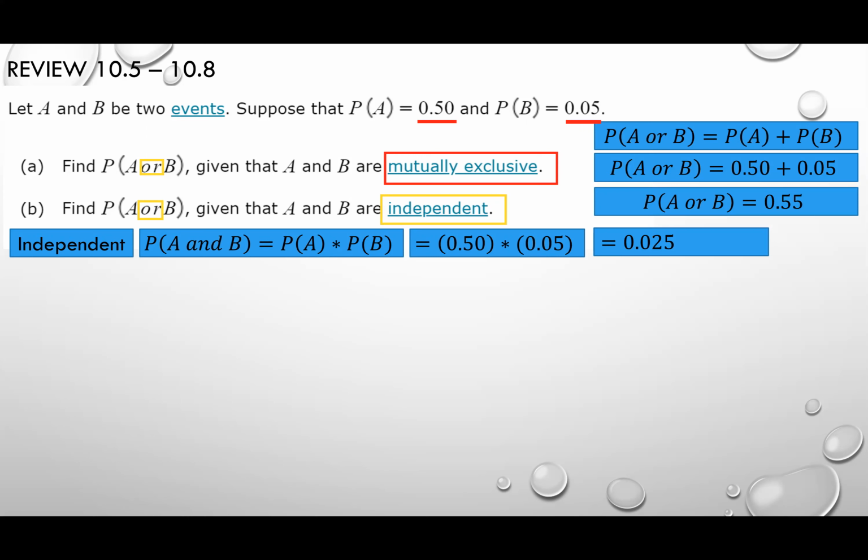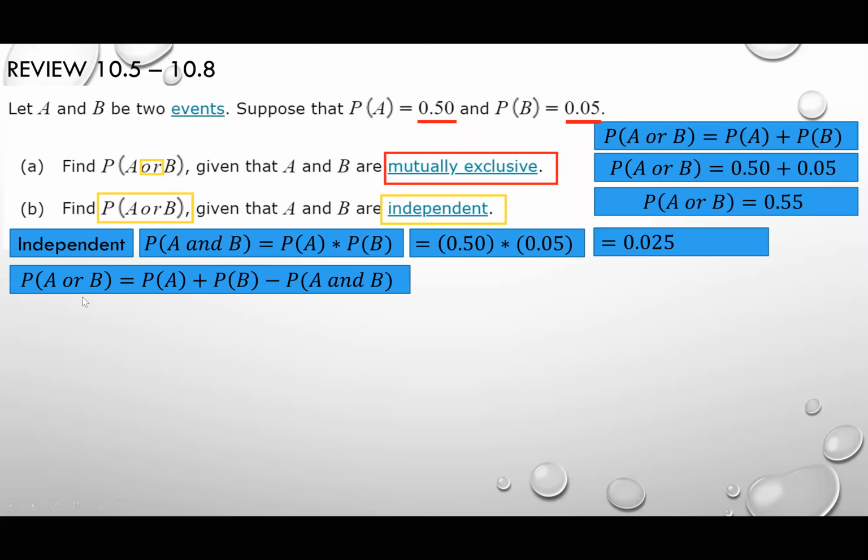The question did not ask you to find the probability of A and B. The question asks you to find the probability of A or B. So we need to convert this, using the other formula of the or, for when they are not mutually exclusive: the probability of A plus the probability of B minus the probability of A and B. They want you to use this formula.